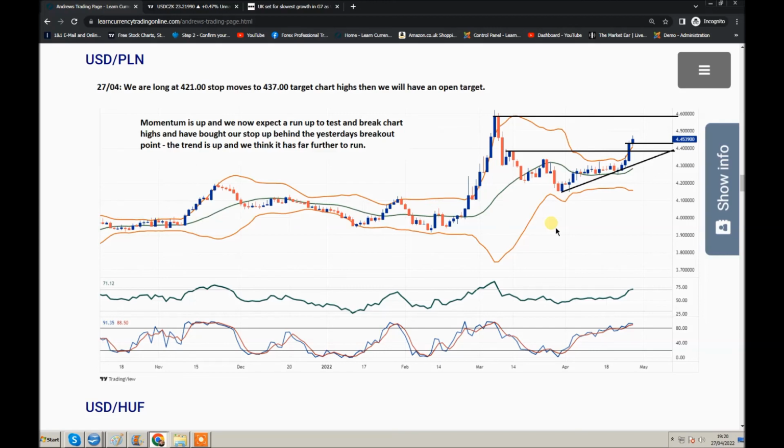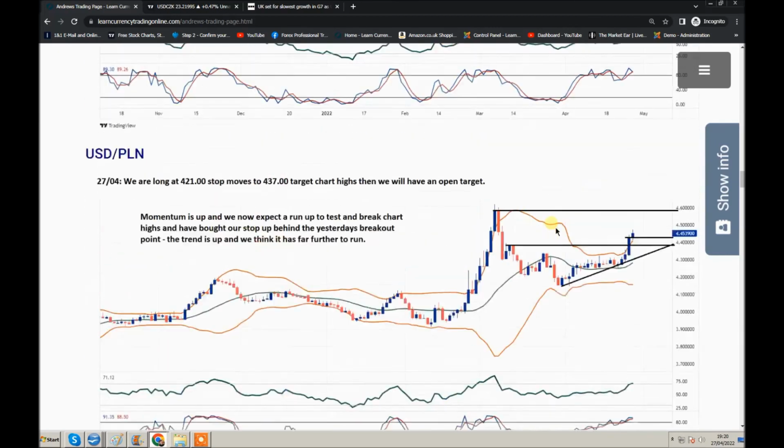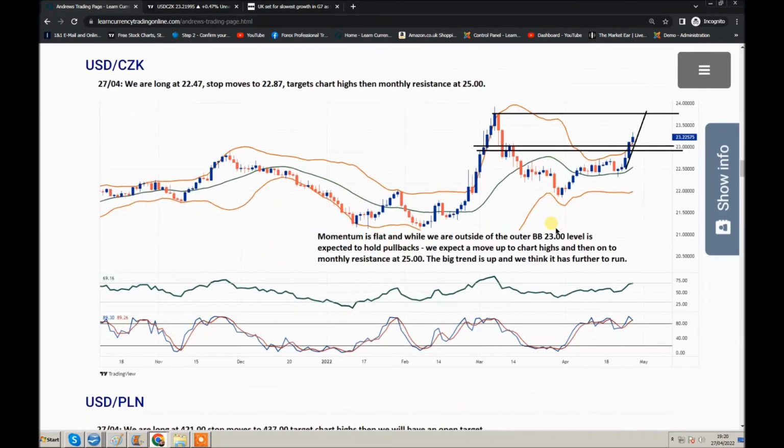Okay. Next one, sorry, I need to go the other way. USD CZK. It is exposed, obviously, to Eastern Europe or the Ukraine-Russia crisis, not as much so as Poland. But what I would say with the CZK, it is just so overvalued. In terms of this one, it's a similar kind of chart to USD PLN, but we've started to move up now.